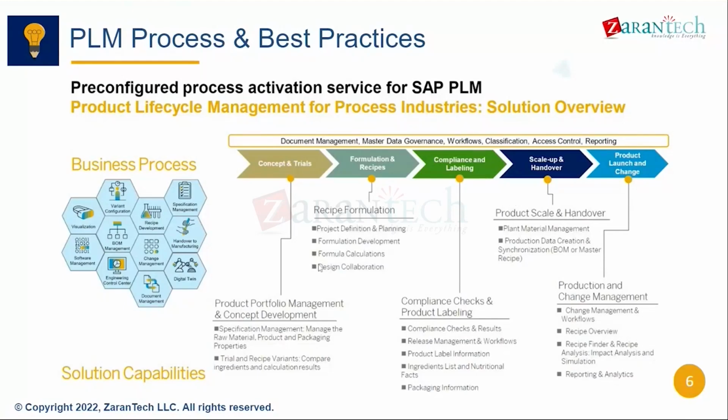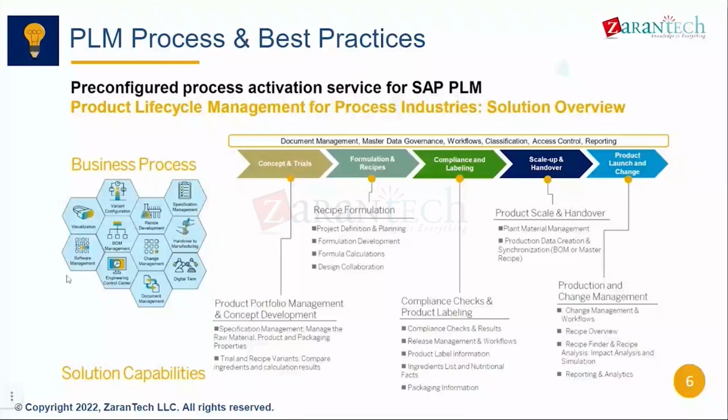So it should be available. Here you can see that these might not all be required for a specific type of industry client. For process industry, we don't need this engineering control center. We don't need variant configuration. We don't need the visualization or digital twin, might be.